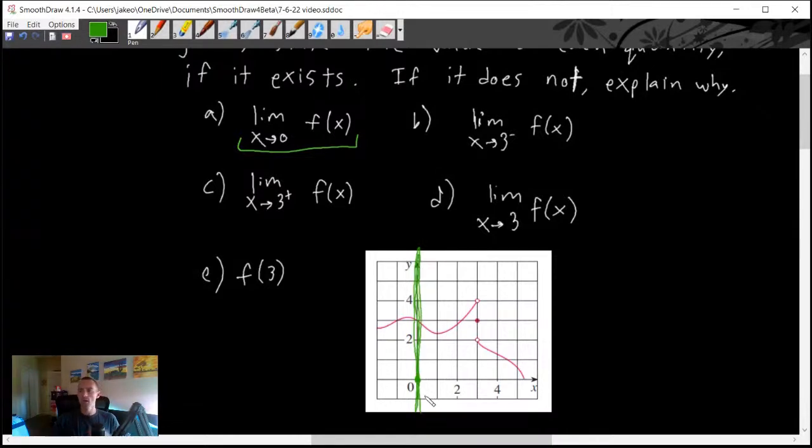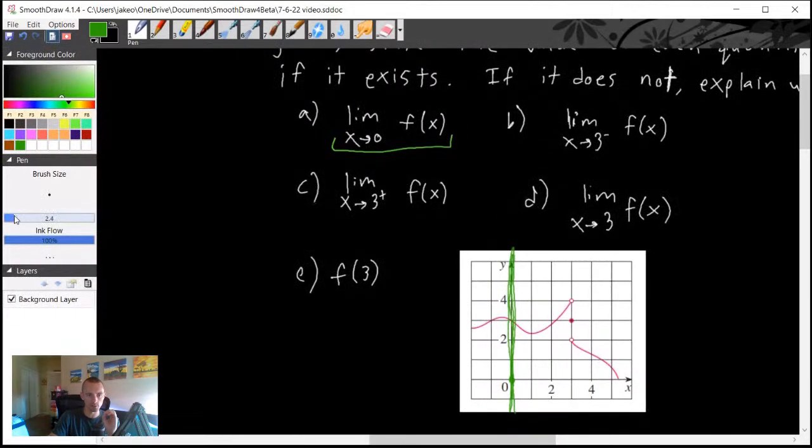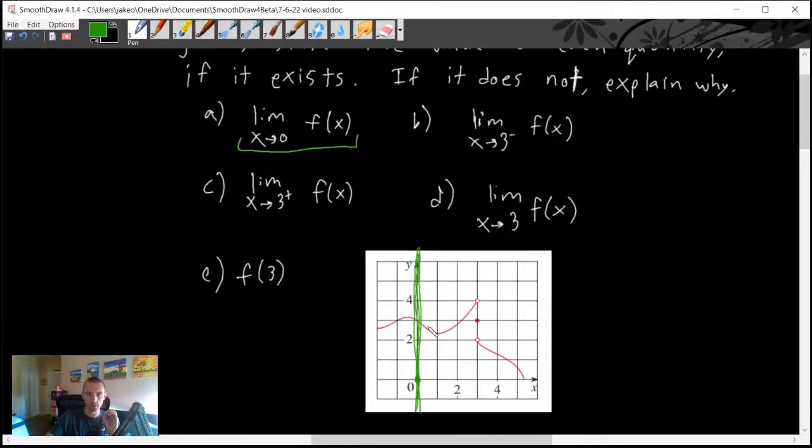And we want to imagine being an ant walking along this function from both sides towards that x value that we're looking at, so towards x equals 0. Since we're looking at a two-sided limit, we're going to come from the right side and from the left side. So if we're on this function, moving towards x equals 0 from the right and towards x equals 0 from the left, what a limit is asking is what y value do we get closer and closer to?